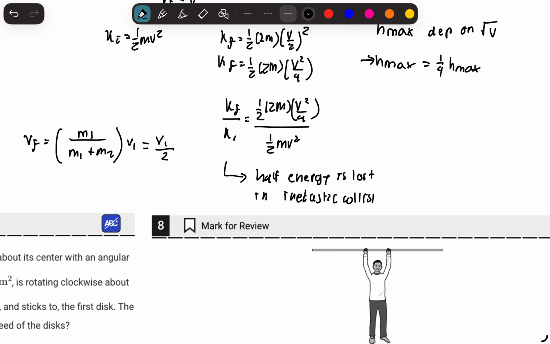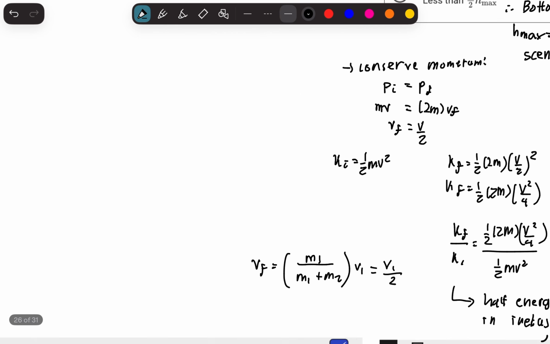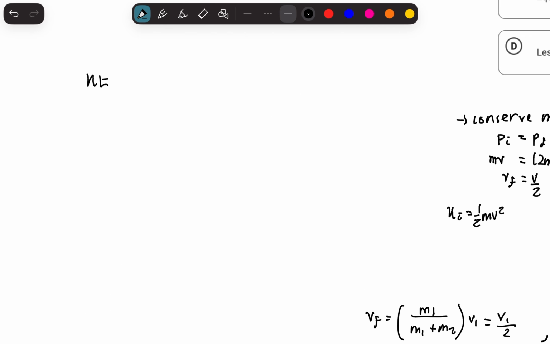So now you have to convert your remaining kinetic energy into height. That's your leftover kinetic energy that's going to go into the height that's reached. After the collision, the two blocks are going to climb the track.